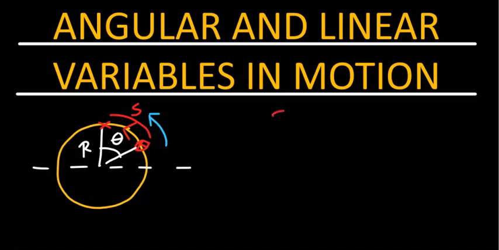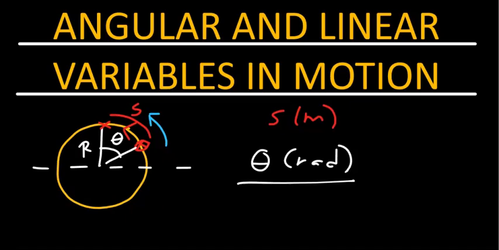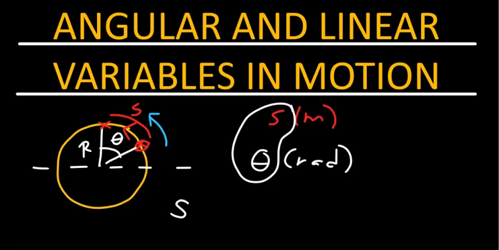So obviously S is measured in the unit of meters because it's a type of linear distance, and theta is measured in a unit of radians, which is a unit that we use to quantify angular distance or angular displacement. These two units are directly related to each other, and the way they are related is as follows.